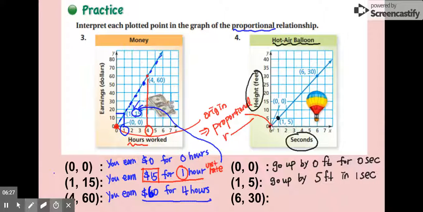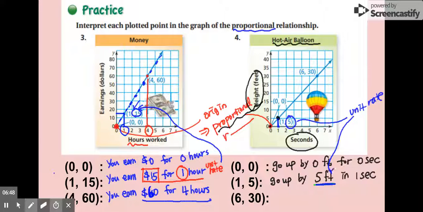And as you see, the height and seconds are changing proportionally, right? So you can say 5 feet per 1 second. This is going to be the unit rate. 5 is the unit rate.